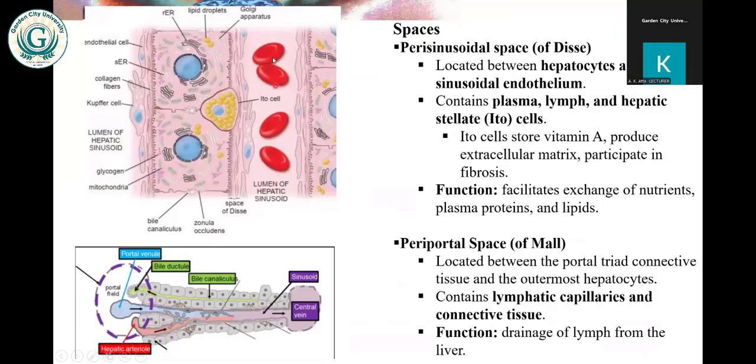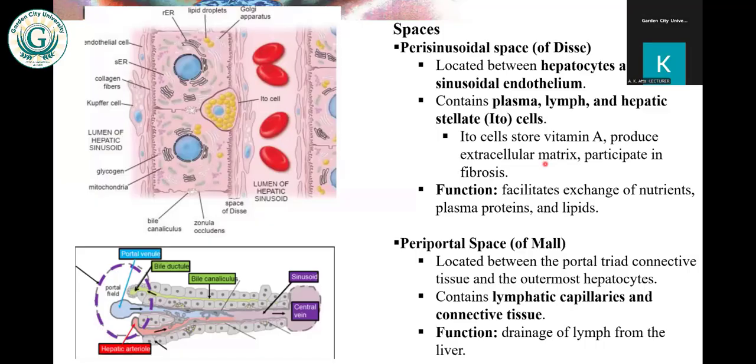And as they flow through the sinusoid, there's exchange of material between the sinusoid and the liver cells. That exchange of material occurs here, the space that we are calling the space of Disse. At that space, there is a type of cell that we call the Ito cells that stores vitamin A. Not only that, when there's an injury to the liver.